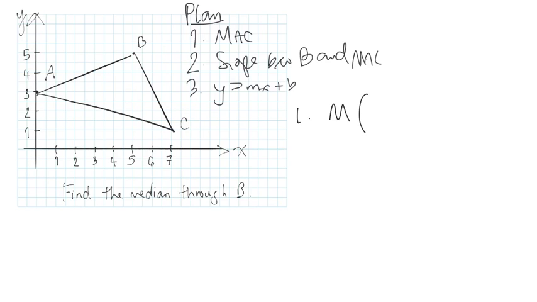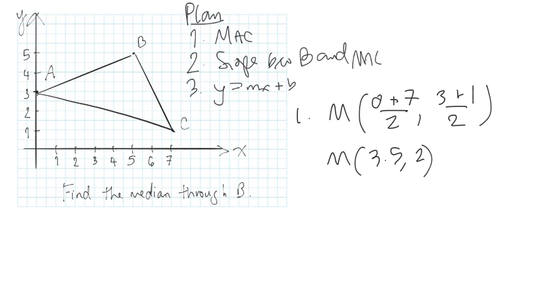So for A, the x coordinate is 0, and for C, the x coordinate is 7. We take their average just like that. And then we do the same thing with the y coordinates. So 3 and 1, take their average, and done. Just simplify those, so I have 3.5 and 2. And there we go, now I have my midpoint.